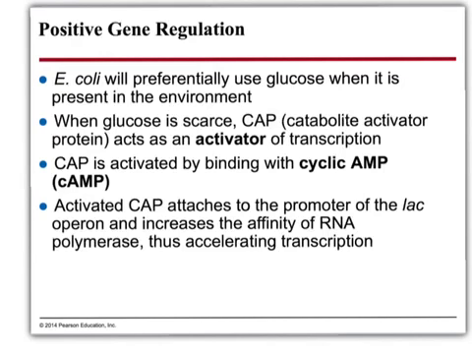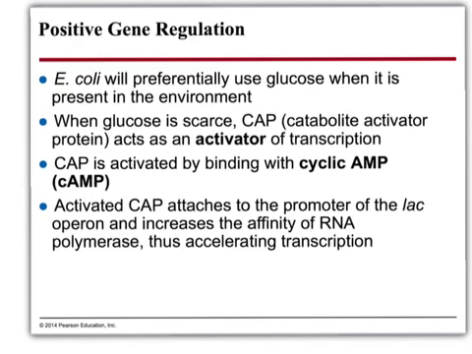CAP is activated by binding a molecule called cyclic AMP. We'll see what cyclic AMP is in a minute. It's high when glucose is low. So CAP is activated when glucose is low.